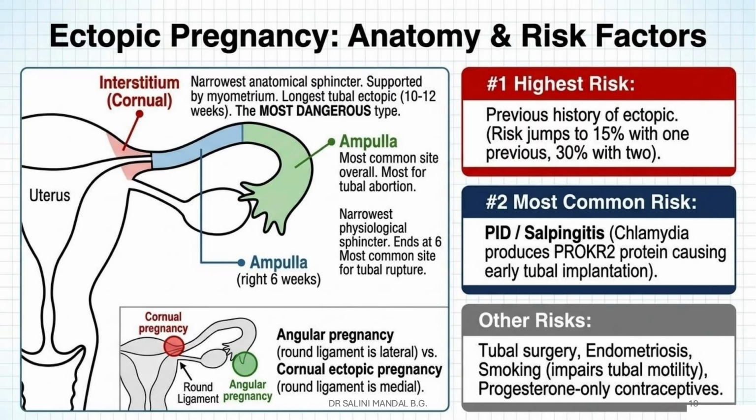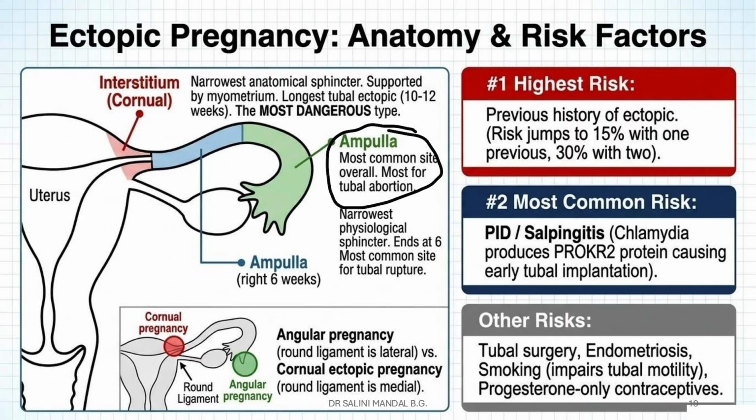The most common site for the ectopic pregnancy is again the ampulla, most common overall. And this is the point where tubal abortions occur. Okay, tubal abortions occur by the 6th week. Right after the 6th week, there is going to be rupture of the tube.